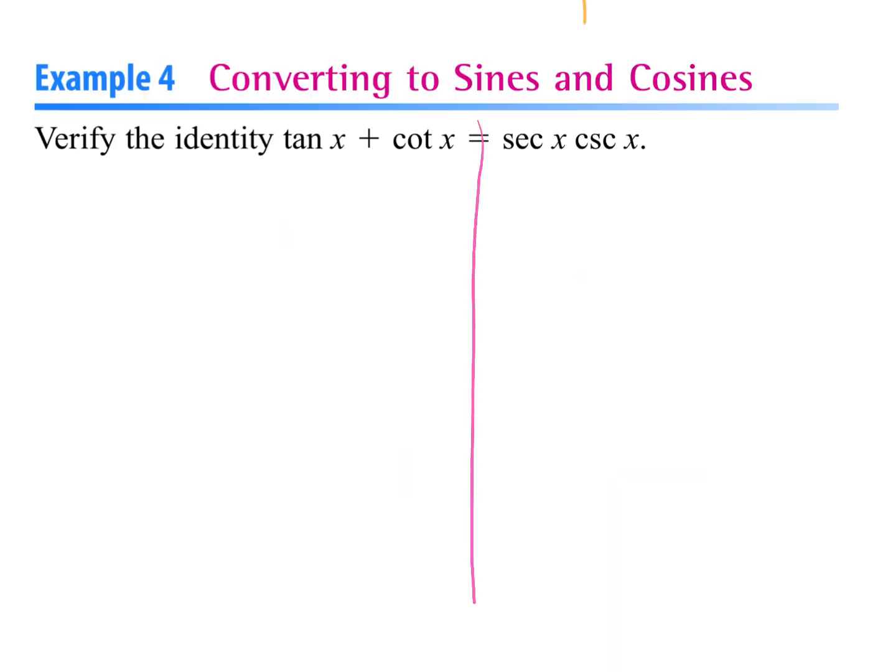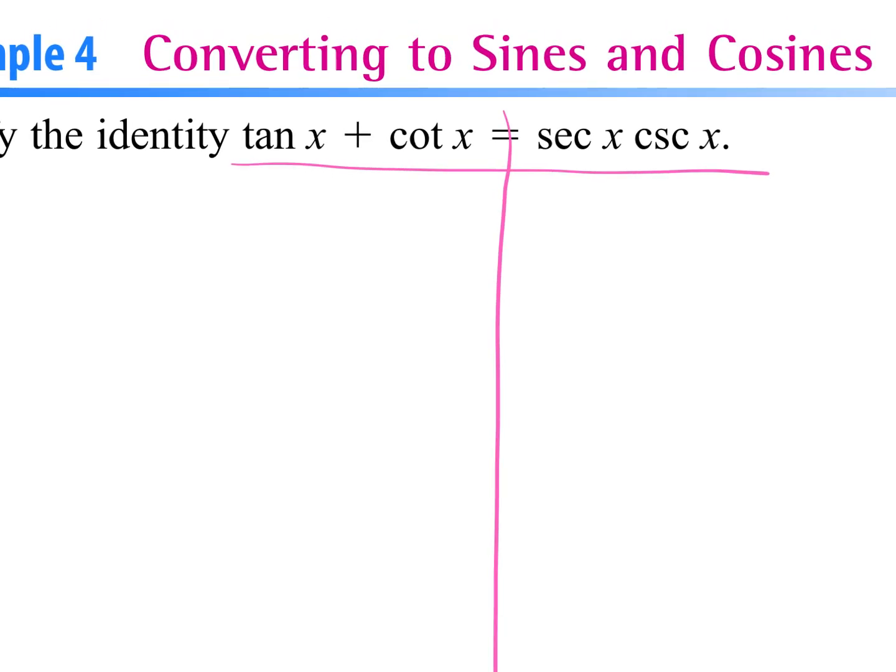So I'm going to put my line down the middle. Which side do you want to work with first? I would say the left, just because I have 2 terms on the left that are separated by a plus sign, and 1 term on the right. So I know that I'm going to have to combine these together somehow. What do you want to do first?